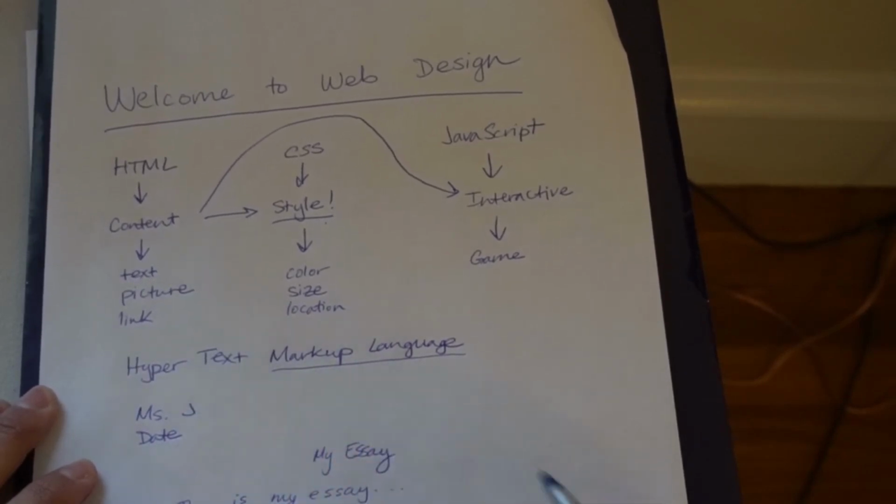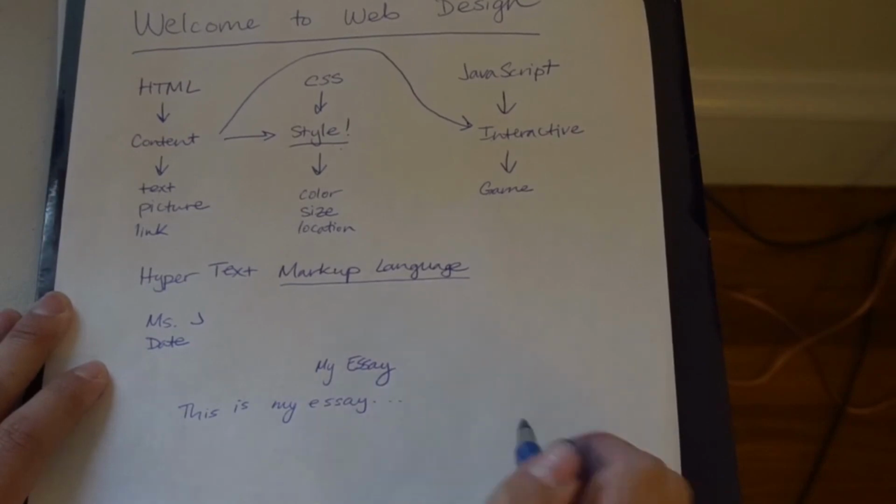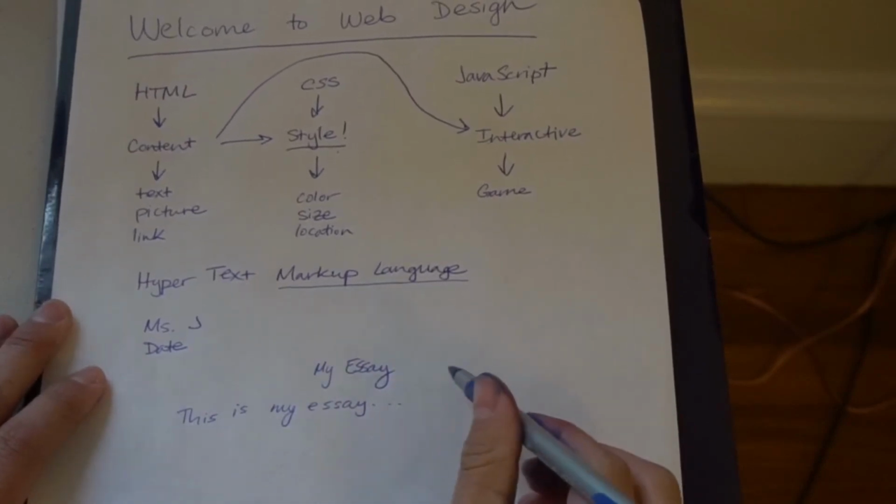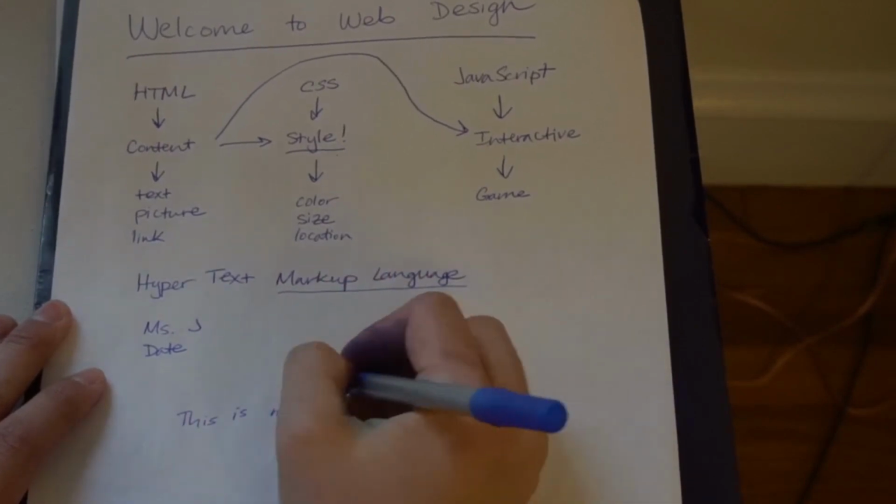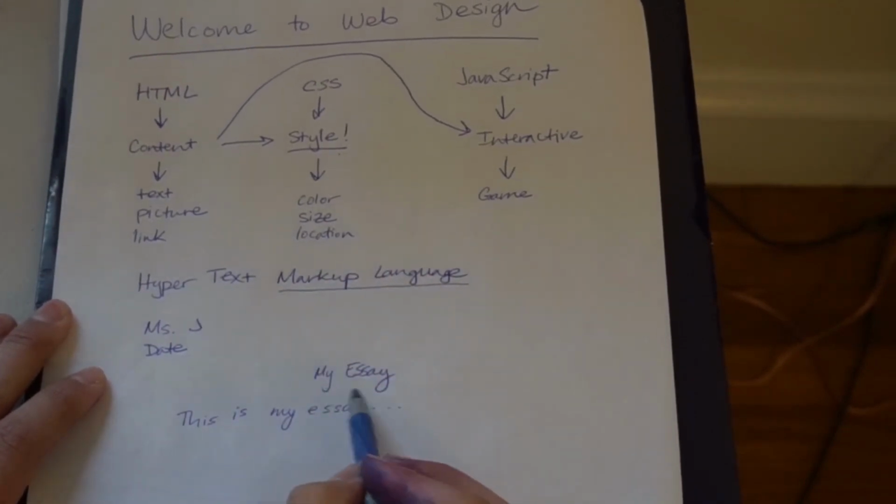And that's going to go on for a while. So what HTML would do to this is it would put some notes on this and say, hey, this my essay part is a title.